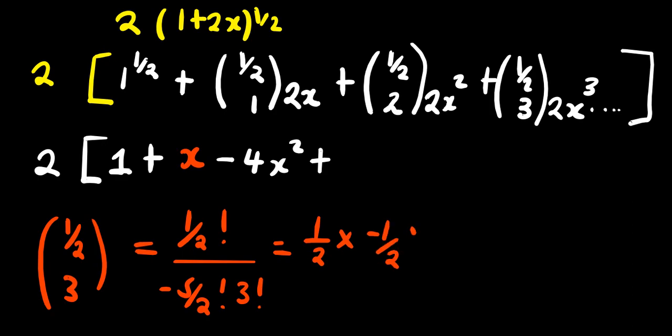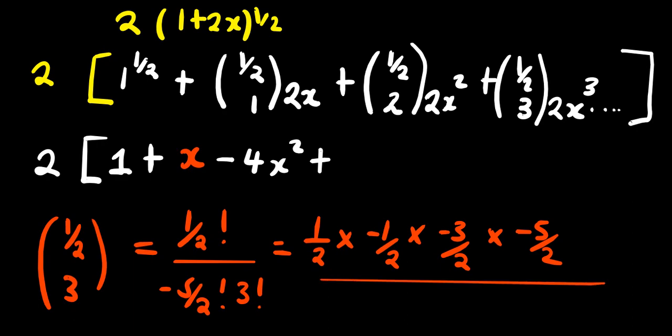When I subtract another 1, I'm going to have negative 3 over 2. When I subtract another 1, I'm going to have negative 5 over 2. Everything divided by negative 5 over 2 factorial, then I have a 3 factorial. So the negative and this one, they are going to cancel.